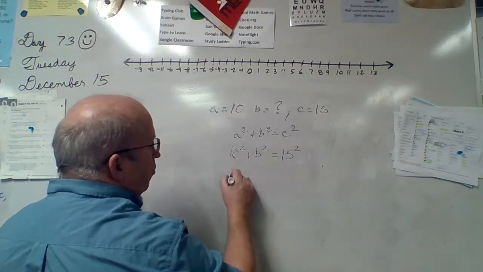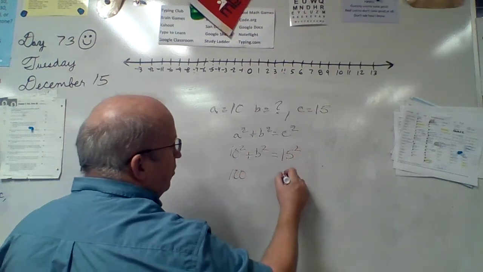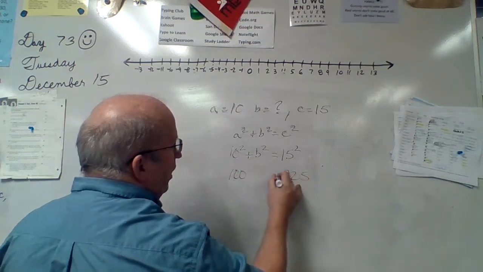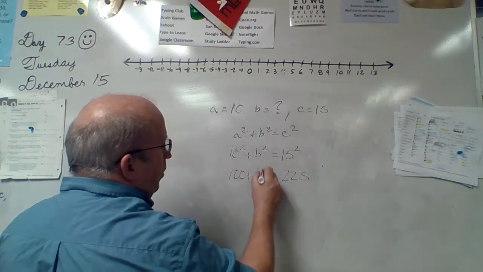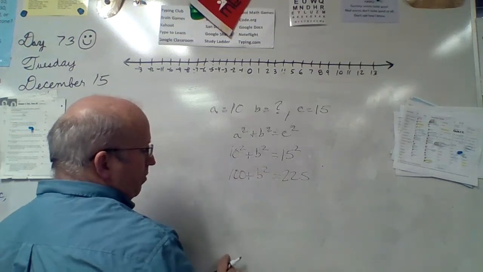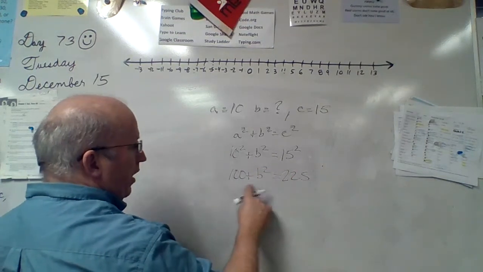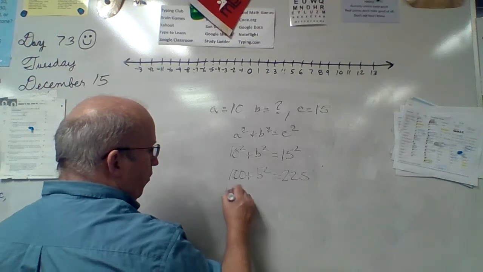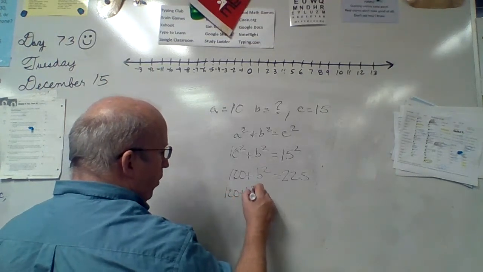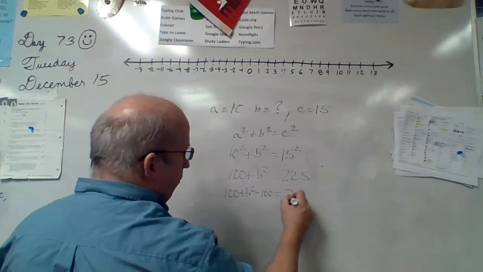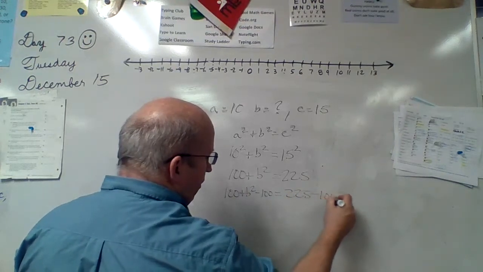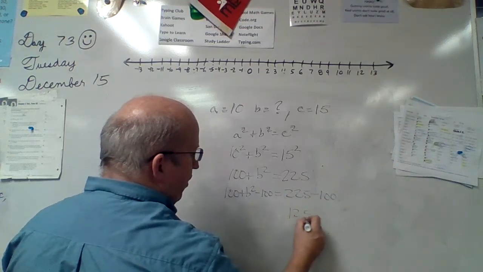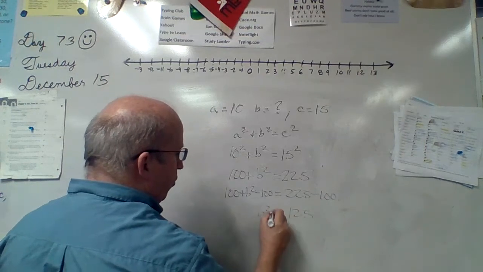10 squared is 100. 15 squared is 225. We're going to put in the b squared there. How do I get b by itself? I'm going to have to subtract 100 from both sides of the equation. And when I do that, I get 125 equaling b squared.